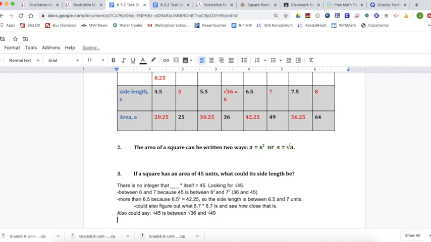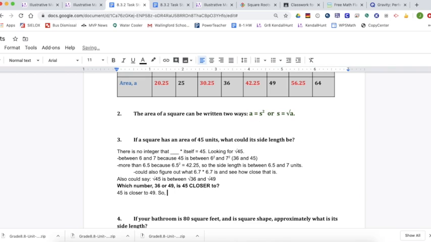And let's think, which number, 36 or 49, is 45 closer to? So 45 is closer to 49. So the square root of 45 would have to be closer to the square root of 49, or 7. So it's between 6 and 7, but closer to 7.